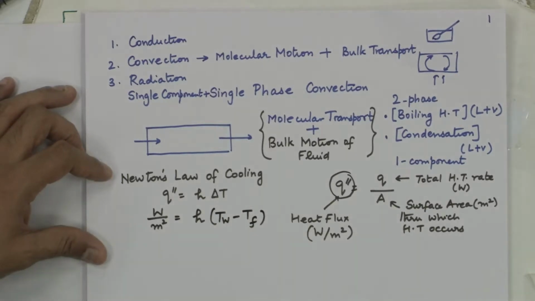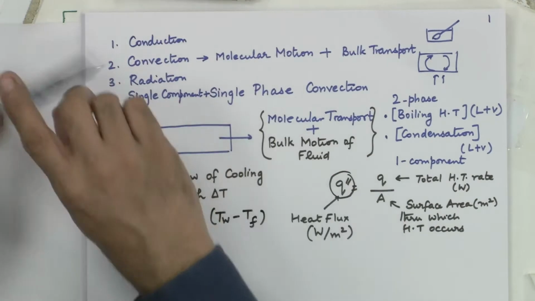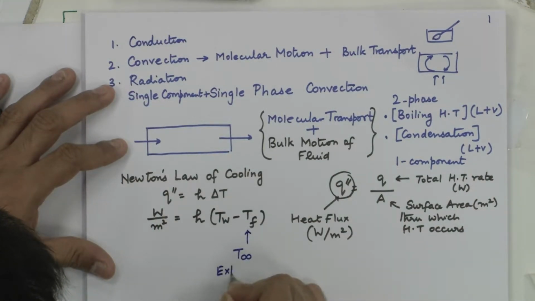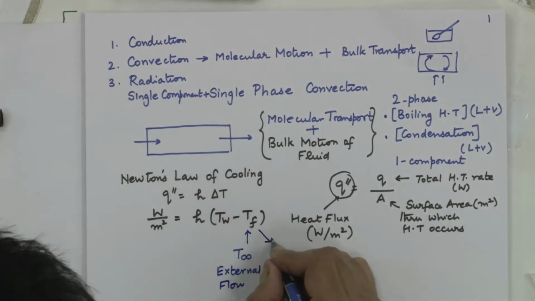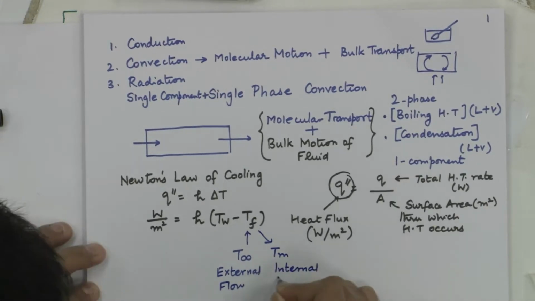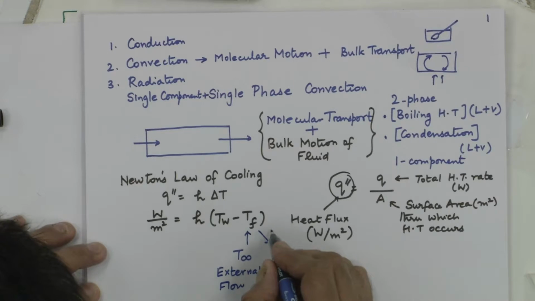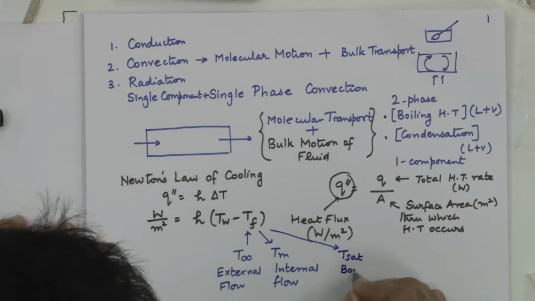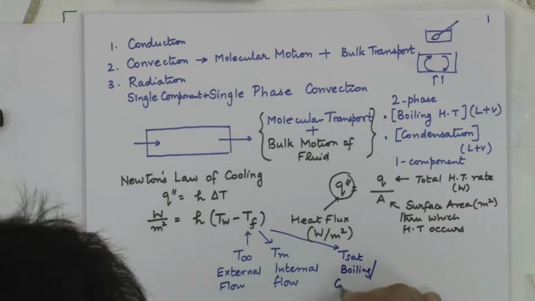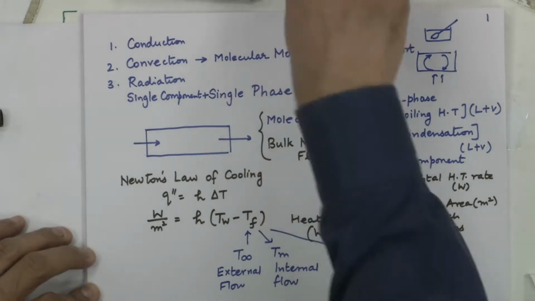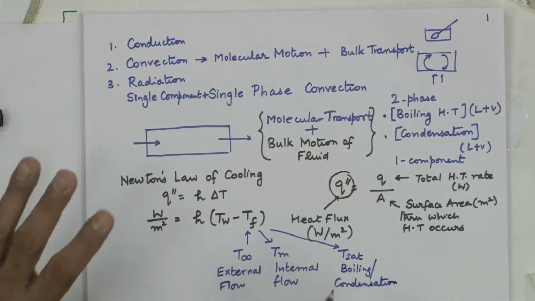We will have different definitions for this. This could be T infinity in case of external flow. This could be T bulk mean in case of internal flow. This could be T sat in case of boiling or condensation. The point being, you are talking of a temperature difference.